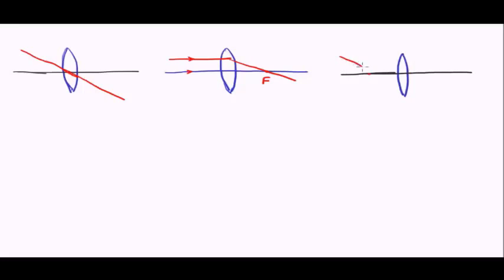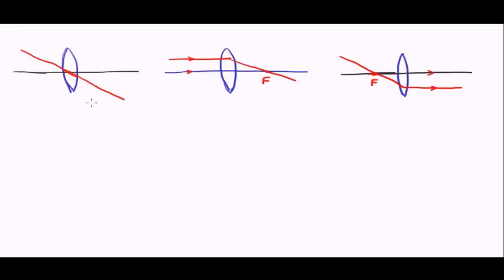This is our focus. Then after refraction, the refracted ray of light will pass parallel to the principal axis, that is, it is going to meet the principal axis at infinity.